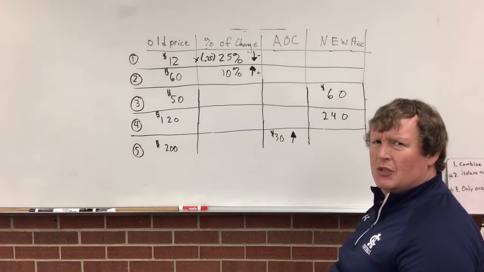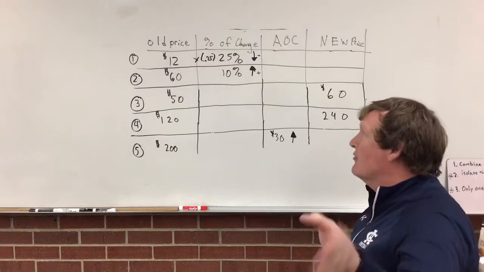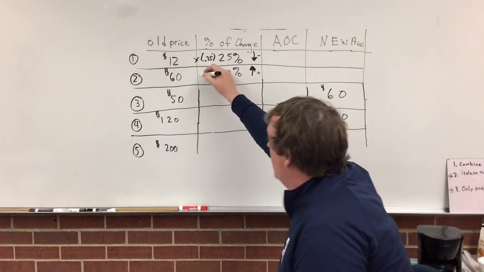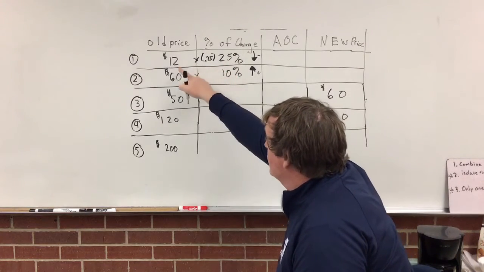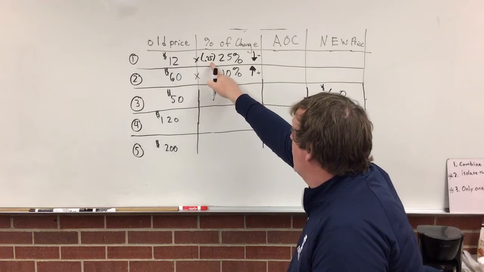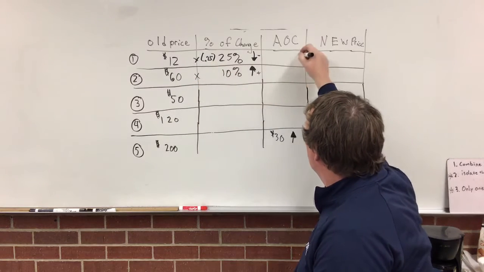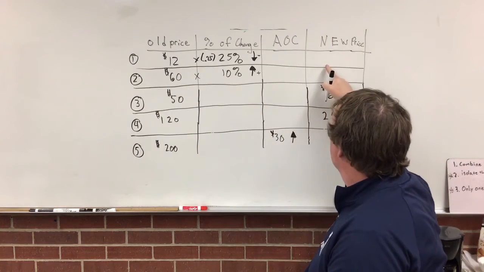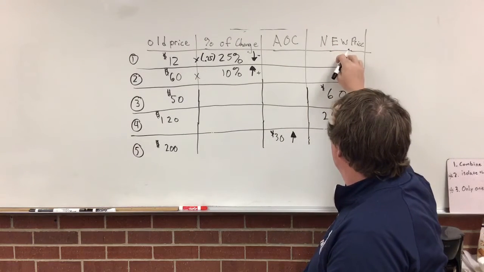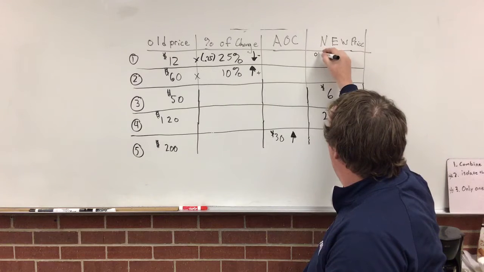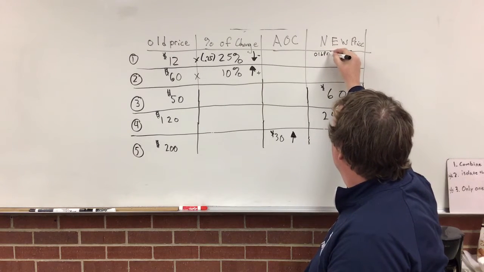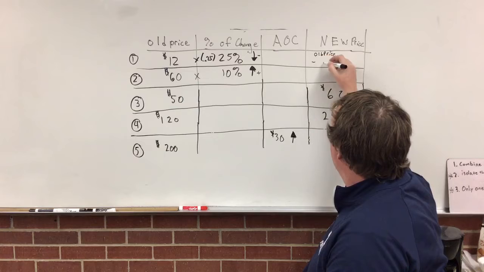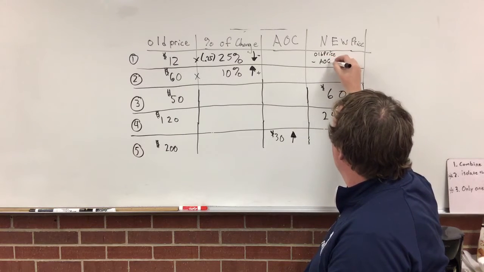But when do we use the subtraction and add? After we multiply for the first 2 problems. Okay, so number 1, multiply 12 times 0.25. Then we're going to take this answer and subtract it from the old price. Okay, so to get the new price answer, you've got to take the old price minus the amount of change.